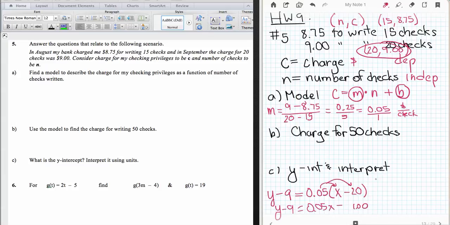Yeah, I got that right. Now I'll add 9 in here, so I have negative 1 plus 9, and remember that's 9.00.